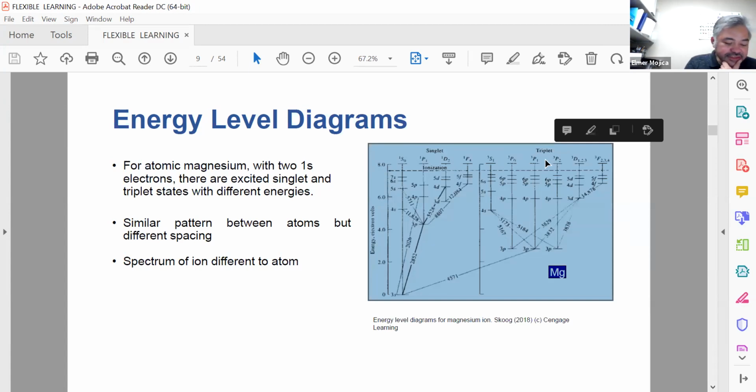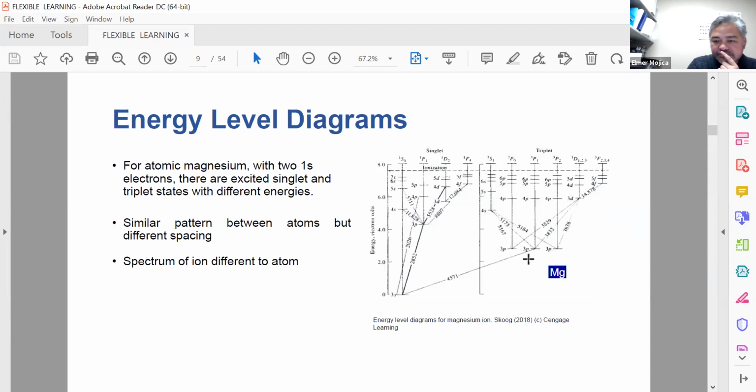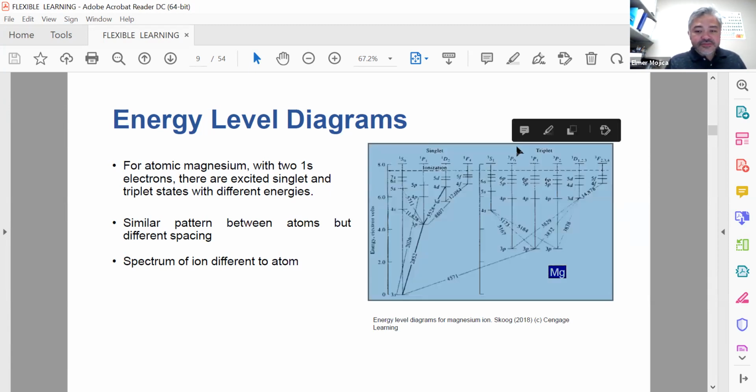They found there's a similar pattern between the atoms, but with different spacing. And the spectrum of an ion, magnesium 2+, is different from just magnesium.